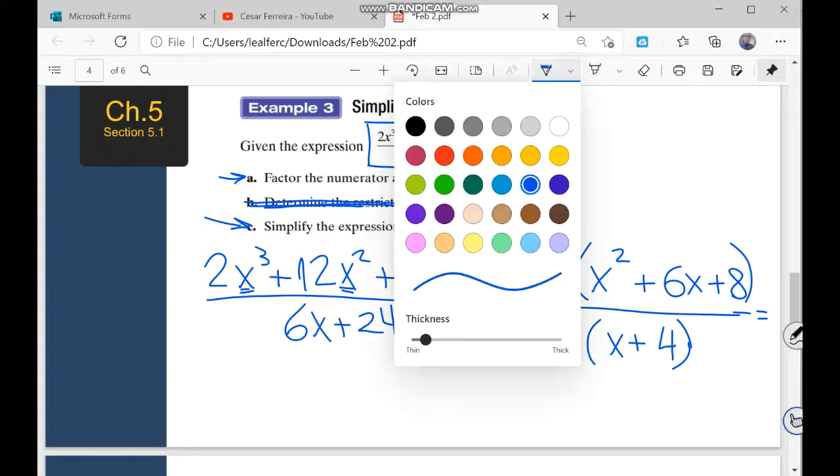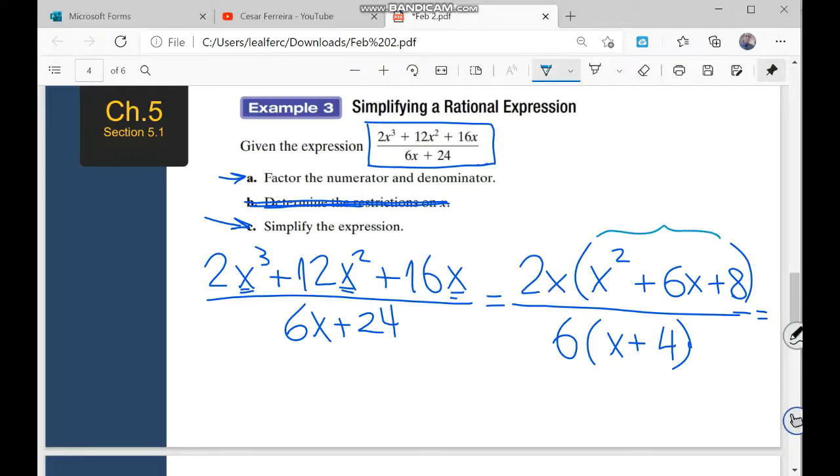Now you have to remember something from last chapter, chapter 4. We have this polynomial that we still can factor using the AC method. Remember the AC method? A times C, 1 times 8 equals 8, and B equals 6.